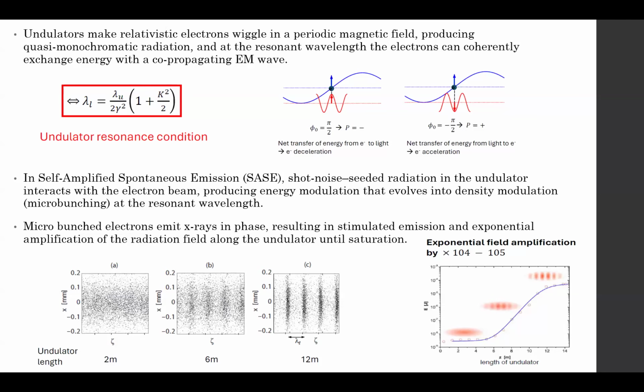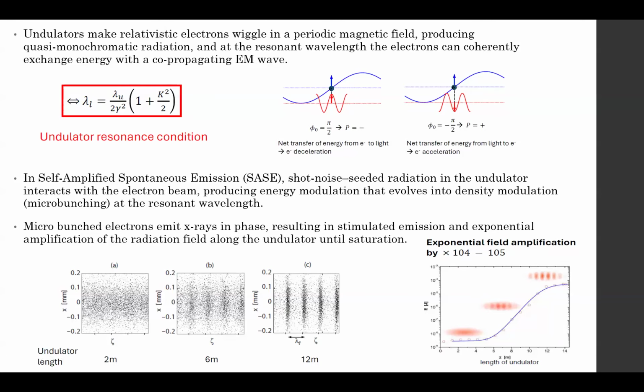So depending on this, you can see some electrons gain energy and some electrons lose energy. This creates a sort of energy modulation, if you can call it that. And due to some electrons gaining and losing energy, some electrons slip down and slow down, or speed up.